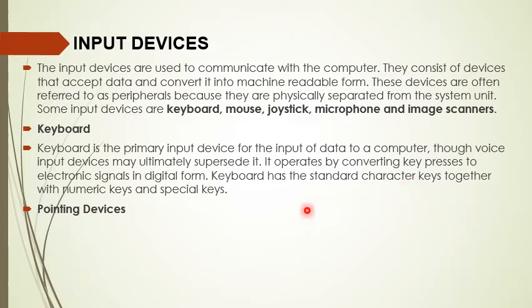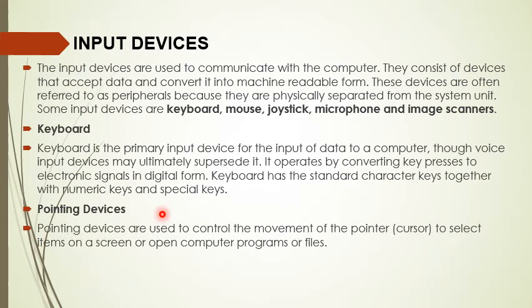Pointing devices are used to control the movement of a pointer or cursor to select an item on a screen or open a computer program or file. So we get to know that pointers are used for two purposes.